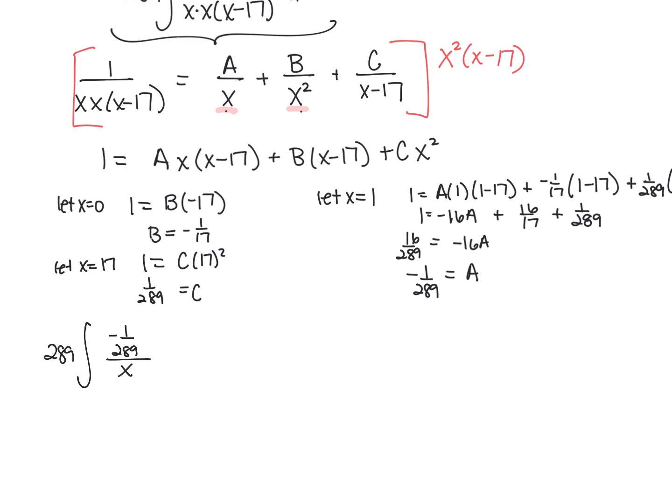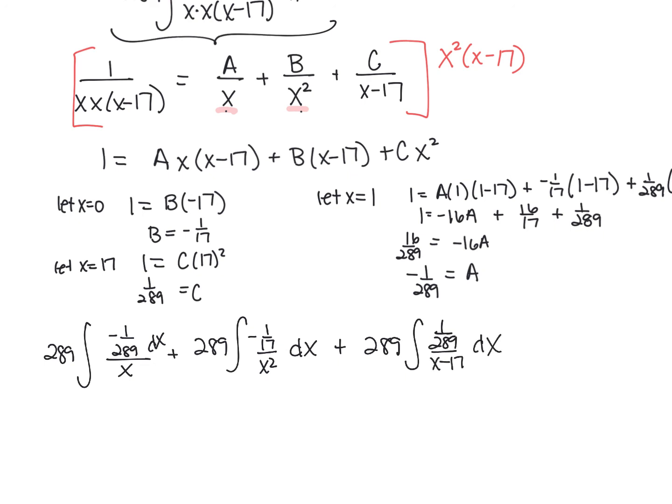Don't lose the 289, that was already out there. Plus 289 times the integral of b, negative 1/17 over x squared dx, plus 289 times the integral of c, which is 1 over 289 over x minus 17.